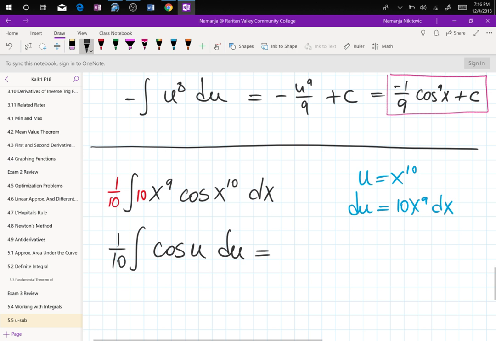What is the integral of cosine? Okay, so half of the classroom said negative, the other half didn't say negative, so what are we going to do?